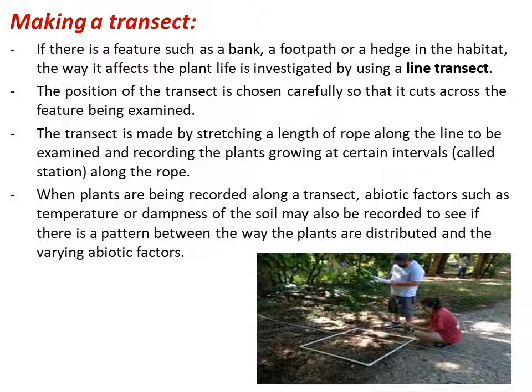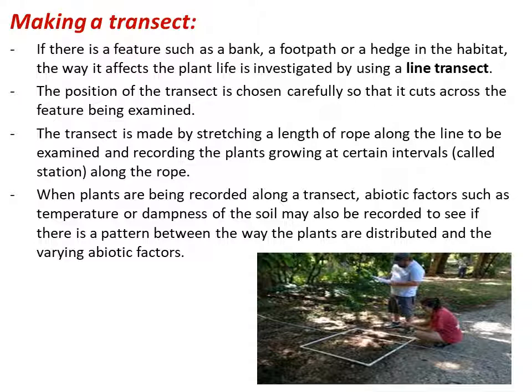When plants are being recorded along a transect, abiotic factors such as temperature or dampness of the soil may also be recorded to see if there is a pattern between the way the plants are distributed and the varying abiotic factors. For example, in a forest, I make this rope from the beginning to the end.